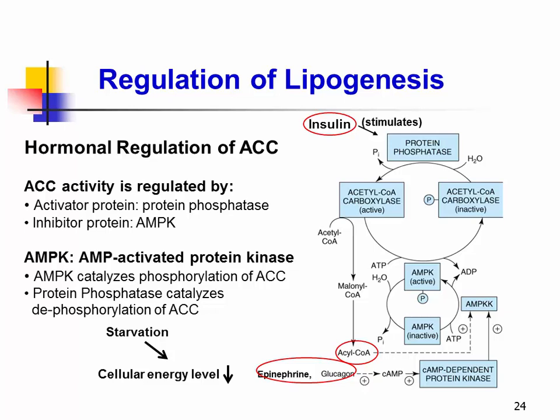For example, under fasting conditions or starvation, when we have lower energy in the cells, AMPK can be activated. AMPK is an enzyme that senses the energy levels. So when we have low energy, AMPK is activated, and what AMPK does is regulate ACC phosphorylation.